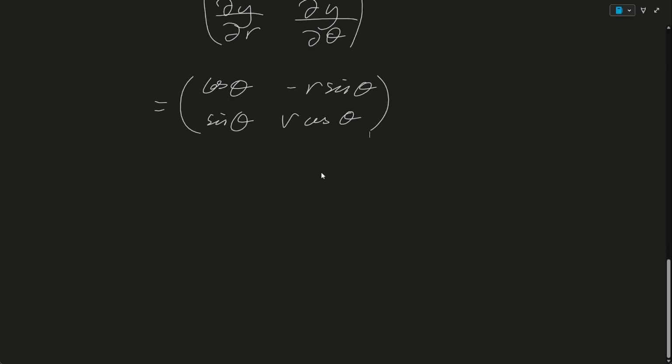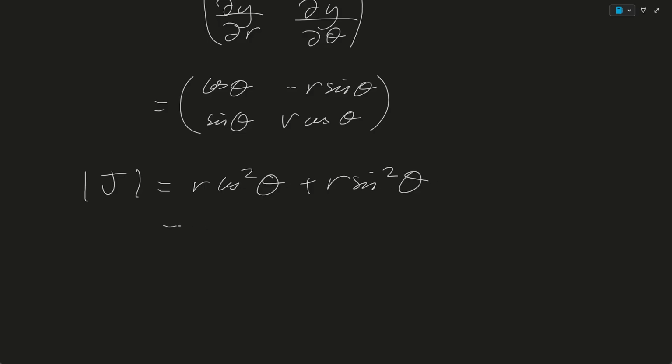Now all that's left is to take the determinant of our Jacobian, which is going to be cross and cross, so it's going to be r cos squared theta minus minus r sine squared theta, so plus r sine squared theta. You may see where this is going, which is r times cos squared theta plus sine squared theta, which is simply r.